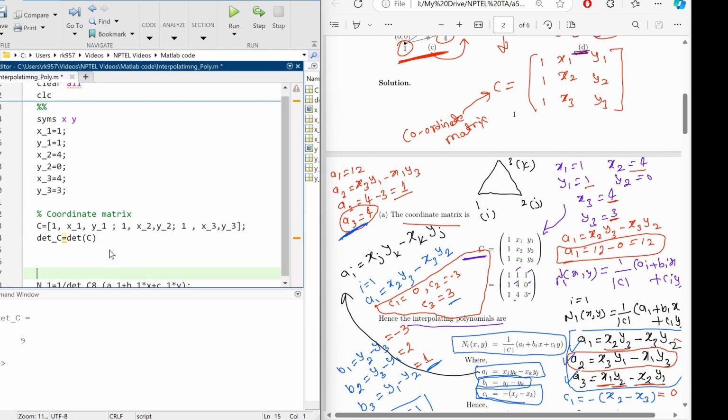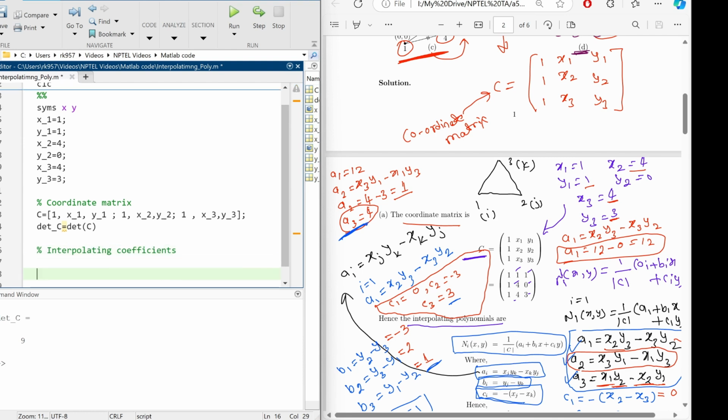So we will write here interpolating coefficients. Okay, so we will find A1.